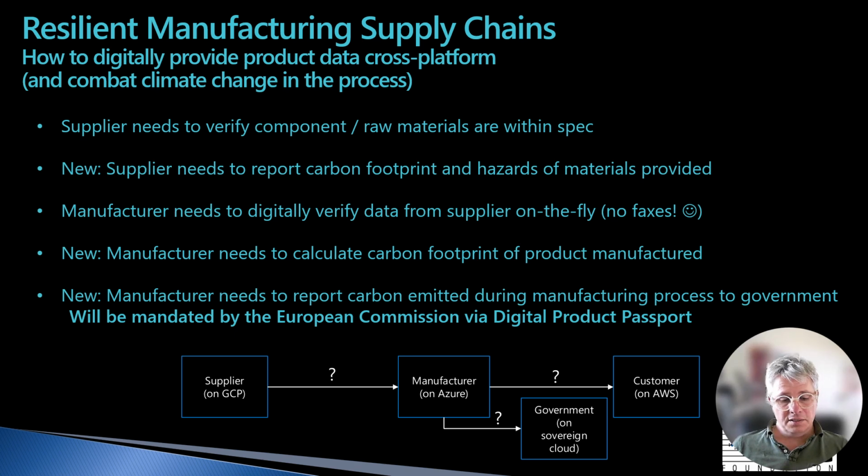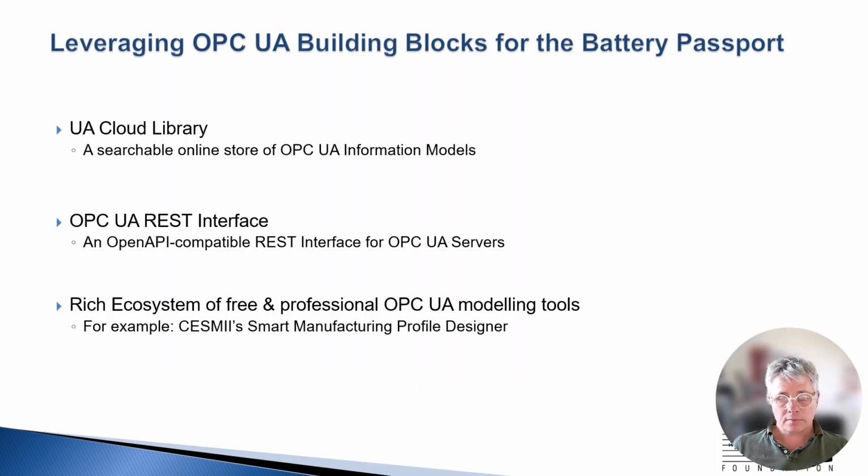So this is kind of the problem space, and OPC UA actually delivers all the building blocks required to build such a digital product passport. Here's an example specifically for a battery passport. And again, all the parts that are needed are available from OPC UA. Starting with the cloud library, it allows you to host OPC UA information models online.